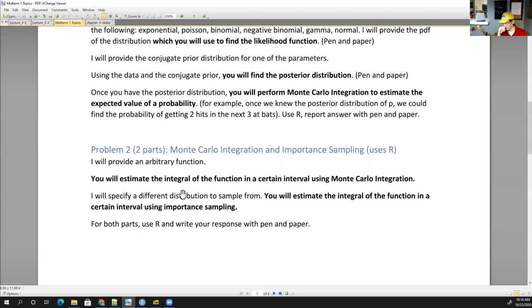For this part you'd sample from a uniform, and then I'll specify a different distribution to sample from, a built-in distribution from R. Then you will estimate the integral of the function using importance sampling. If you've done the homework, this part should be straightforward, or at least familiar.